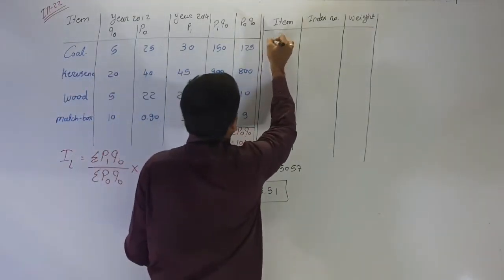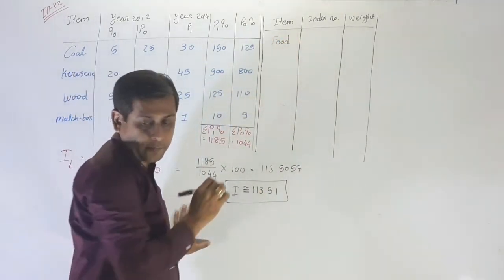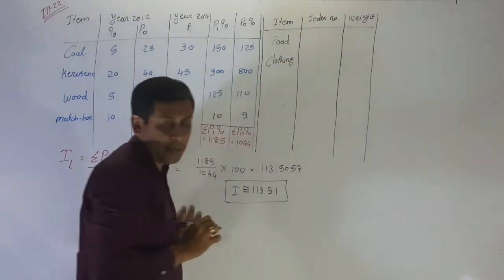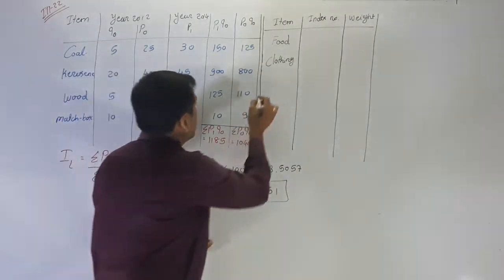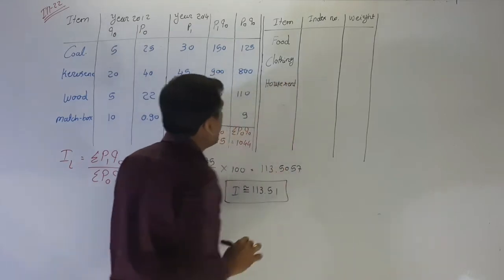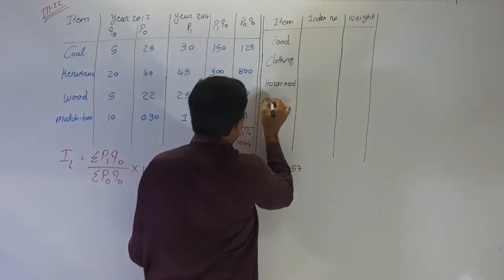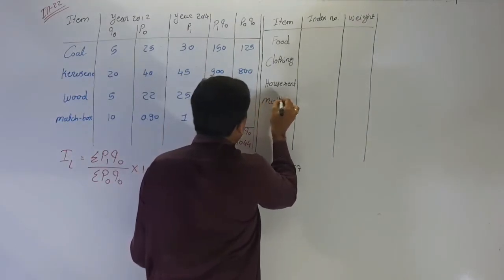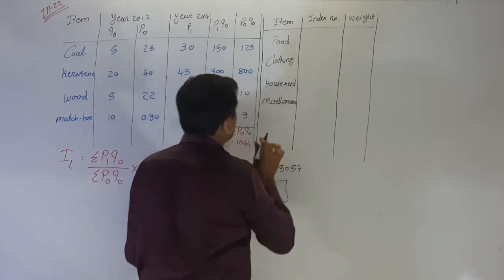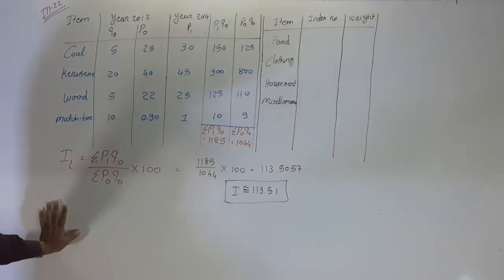First one is food, second one is clothing, third one is house rent, fourth one is miscellaneous, and the last one that we found out, fuel index number.